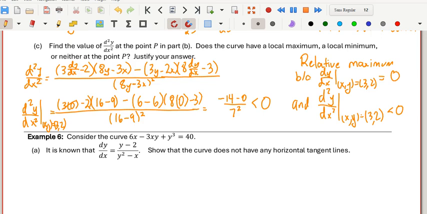If you're plugging into d squared y dx squared because you're at a critical value, 100% of the time you've got to be differentiable, so you're not at a critical value because you're undefined. So 100% of the time your dy/dx is just going to be 0, which should simplify some things.